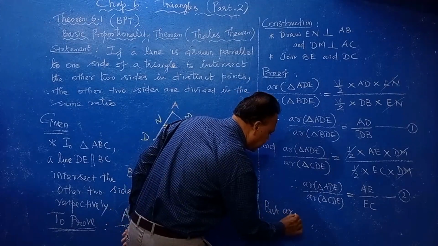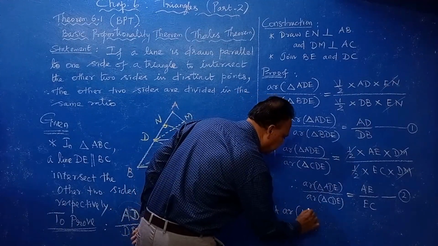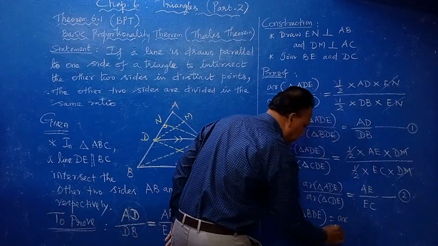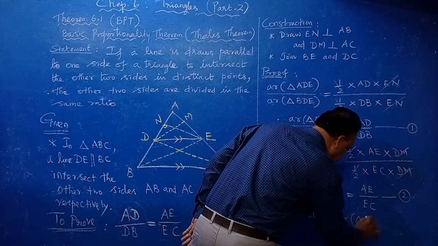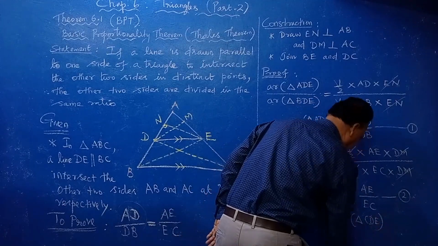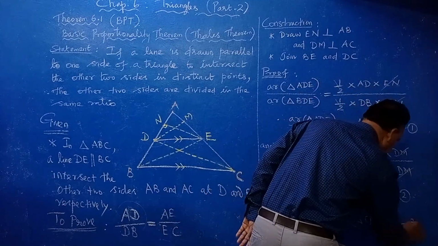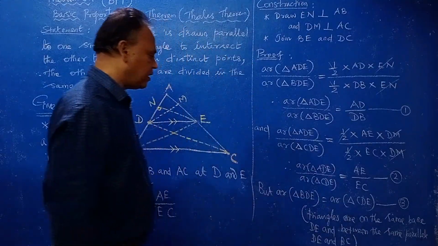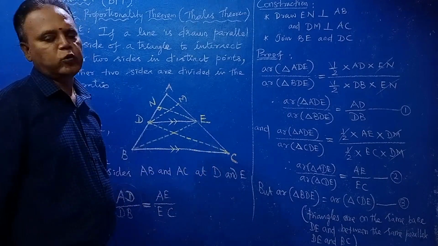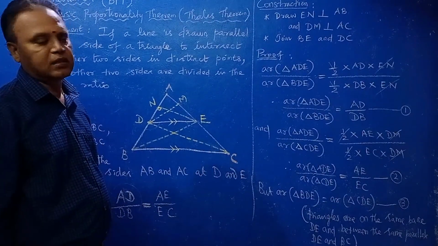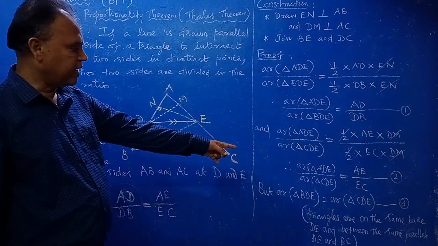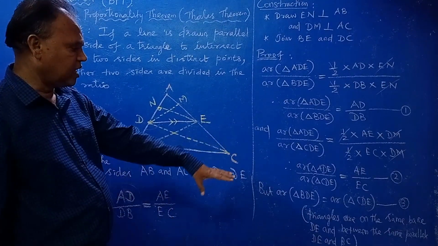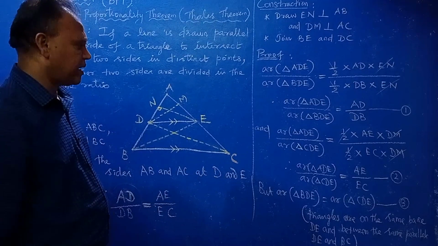So area of triangle BDE is equal to area of triangle CDE. Take this as 3. Here you have to write the reason, for which there is a mark: the triangles are on the same base and between the same parallels.